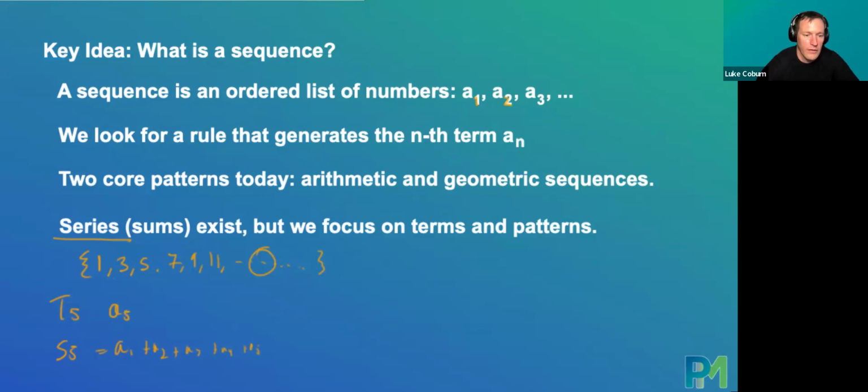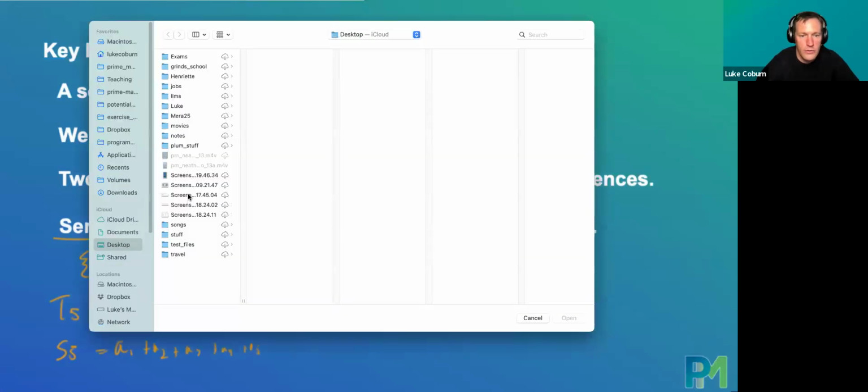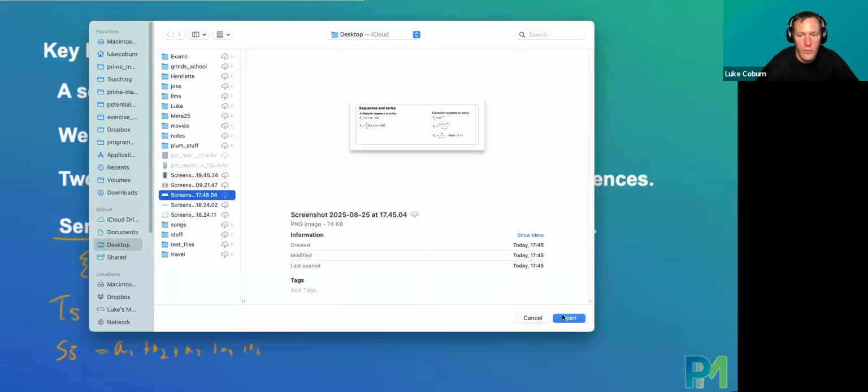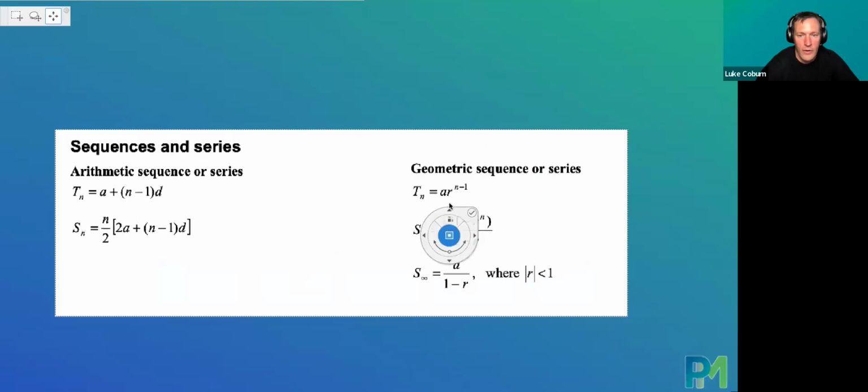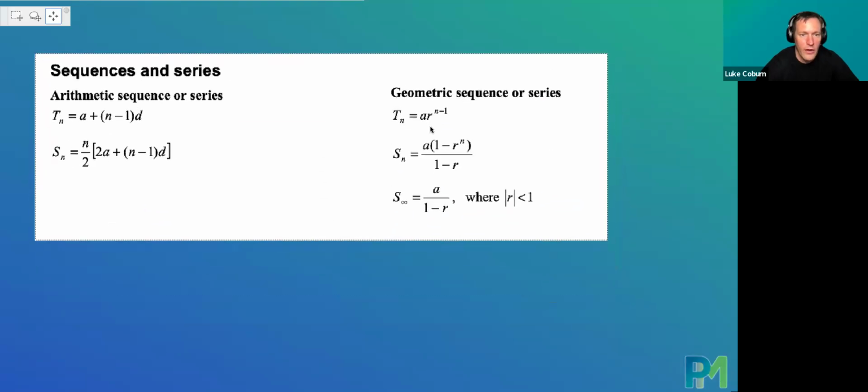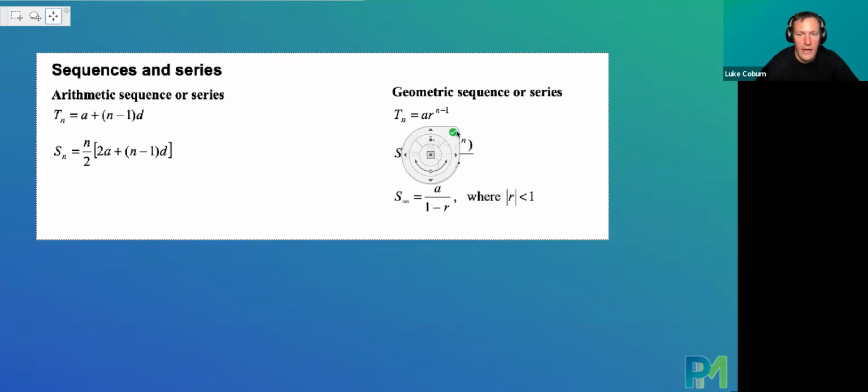So let's have a look at what we have. On the next page, this is what we have in the tables, which you can take into the exam. We have these formulas here. On the first side, we have the arithmetic sequence or series. This is to get us terms in the sequence. And on the next column, we have the geometric sequence.